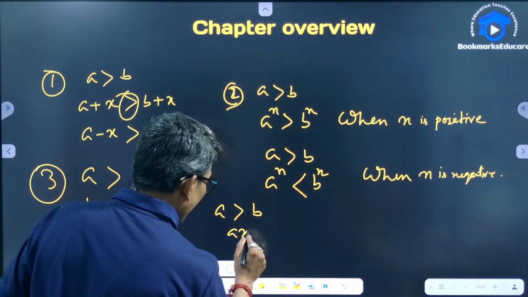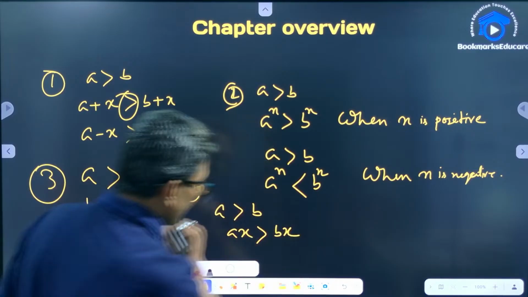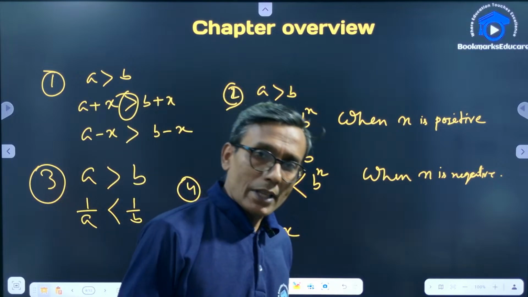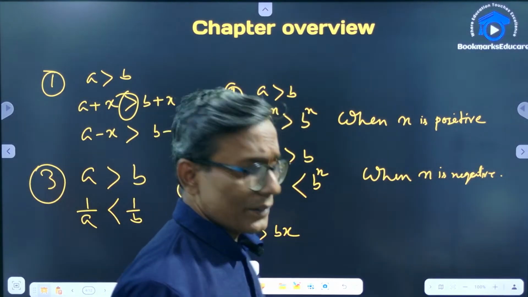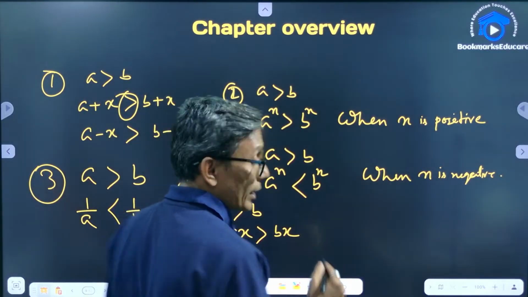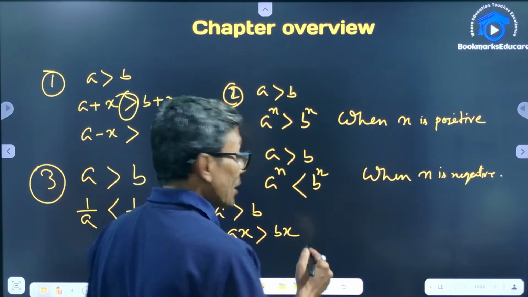So suppose ax greater than bx. Clear? And if we multiply on both sides by a negative number, then the sign of the inequality must be changed, must be reversed.